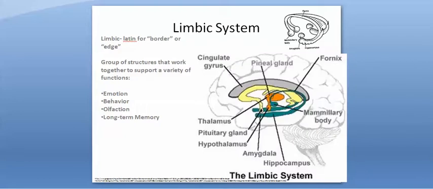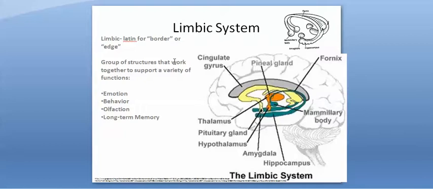All right, now we get to move on and talk about the limbic system. The limbic system, it's Latin for border or edge, but it's largely responsible for our emotionality, which is actually a part of our older brain. So the ability to respond to stimulation or the external environment at an emotional level is really important for survival and for reproduction, which is why you're able to evolve, right?